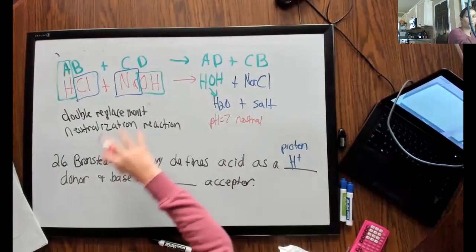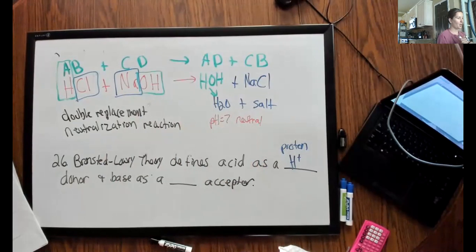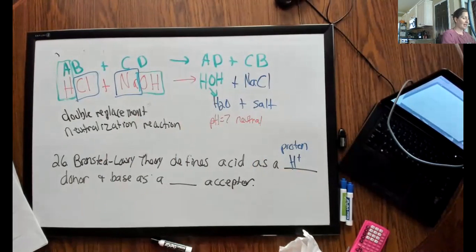So we're trying to neutralize it by forming water, a neutral compound, okay? So acids donate a proton and bases accept a proton. OH accepted the proton. So that's how we do the Bronsted-Lowry definition.